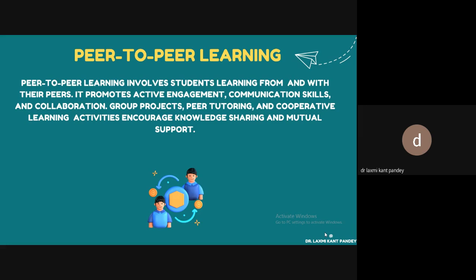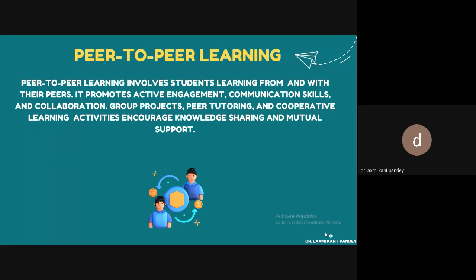That means the communication skills among the students also increase. The students learn how to work in a cooperative manner, how to work in a team, how to work in a supportive manner. So the peer-to-peer learning method is very effective and helps students learn the topic in even more depth.